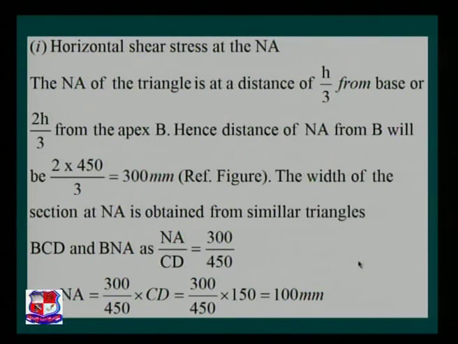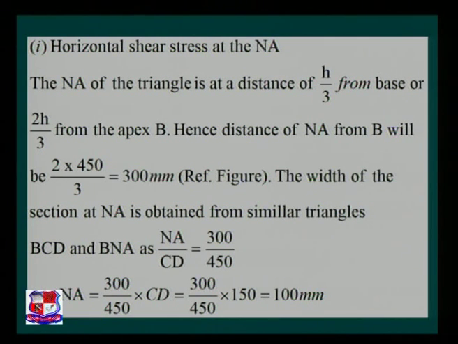So the first is the horizontal shear stress at the neutral axis. We have to find that the neutral axis of the triangle is at a distance h by 3 from the base, or 2h by 3 from the apex B. Hence, the distance of the neutral axis from B will be 2 by 3 into 450, that is 300 mm from the apex.